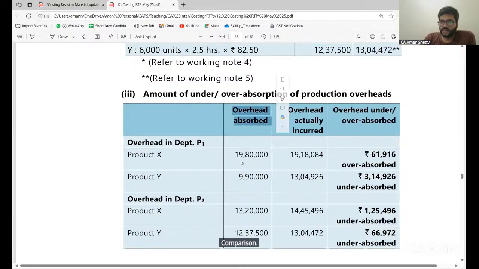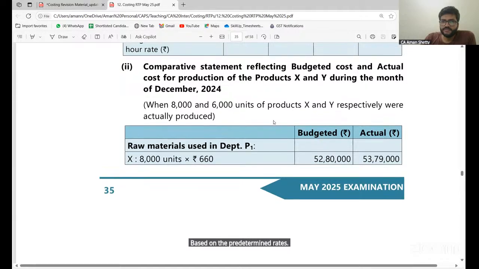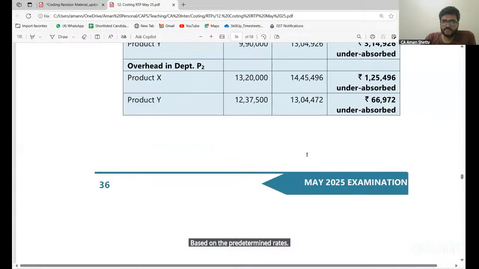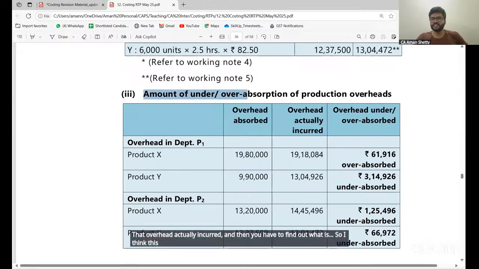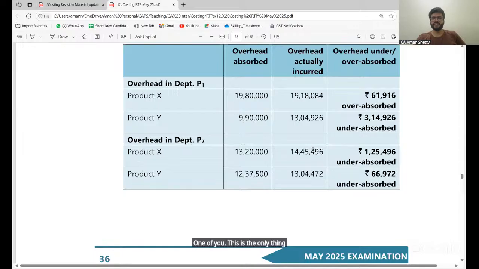Absorbed overhead based on the predetermined rates, then overhead actually incurred, and then you find out the difference. So I think this one table is an addition in this problem when compared to our problem. This is the only thing that looks different. Everything else looks the same.